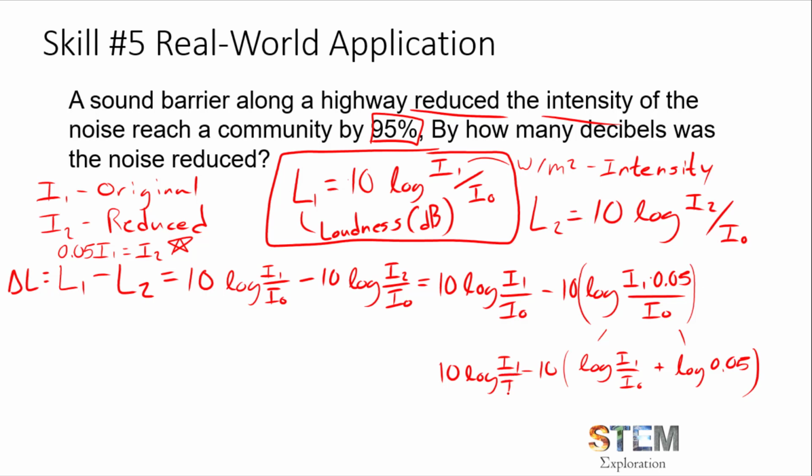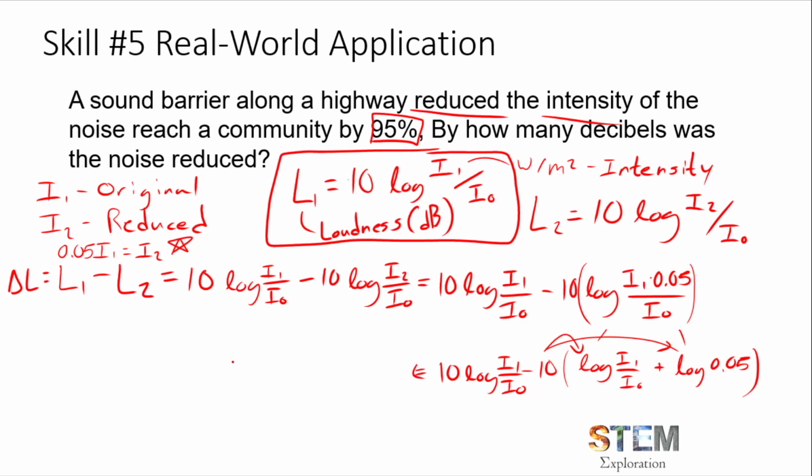One of the reasons this is a really useful way to break this apart is that after I distribute this negative 10 back into both of these components, this will be the same as this part.